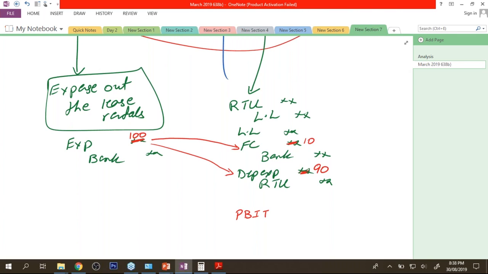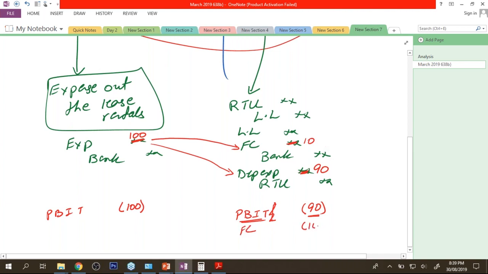But even if we assume that they're the same, previously PBIT was being reduced by 100, now it is being reduced by 90 only, and the remaining 10 is being treated as a finance cost.